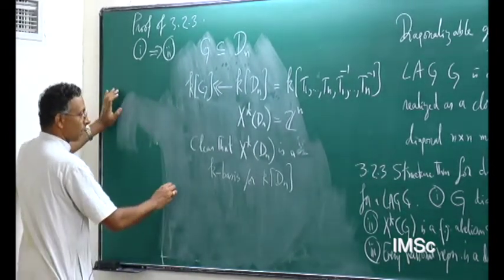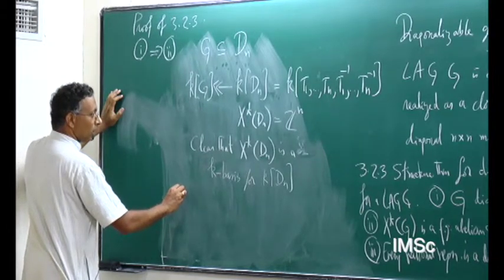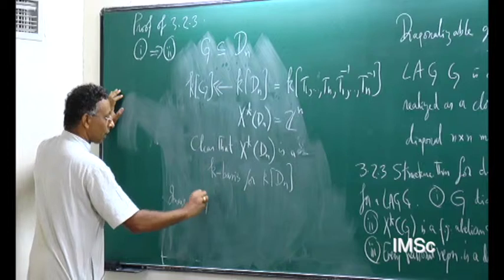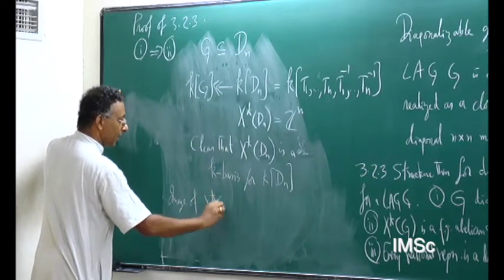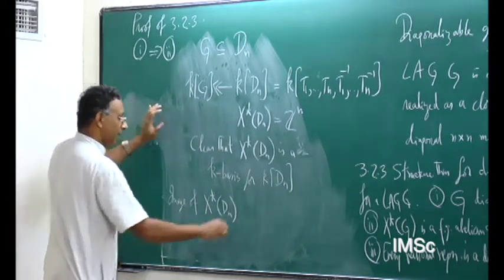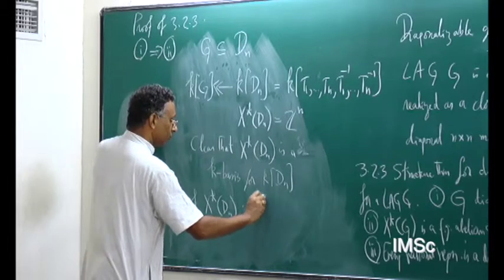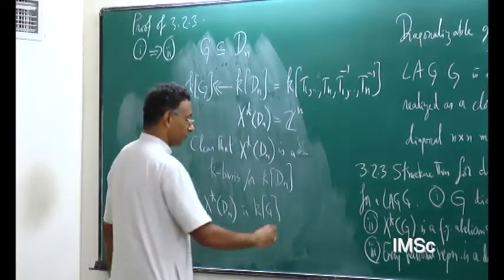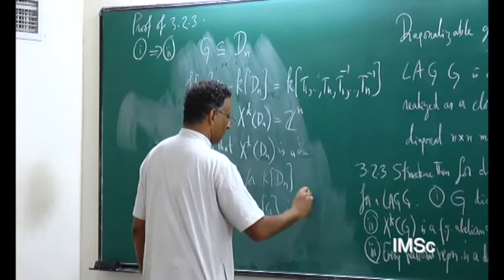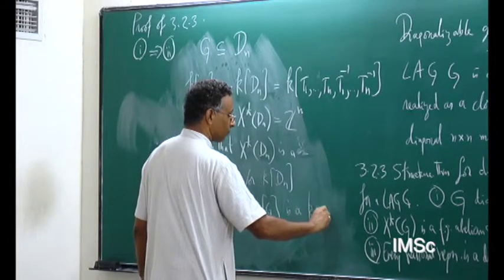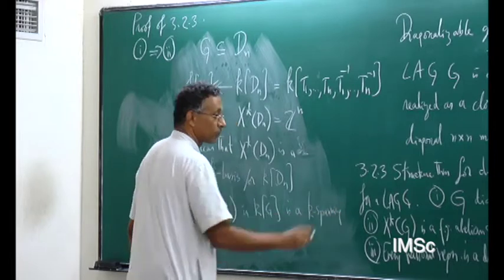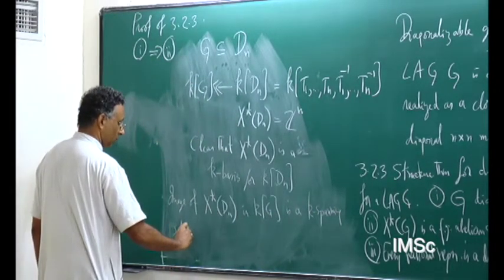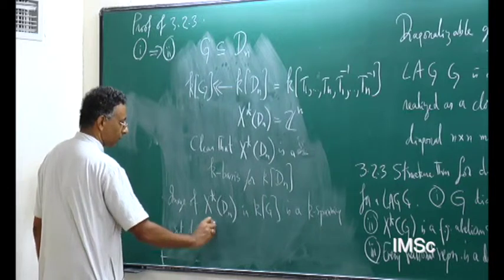So what you know is that the image of X*(Dn) in K[G] is a K-spanning set for K[G].